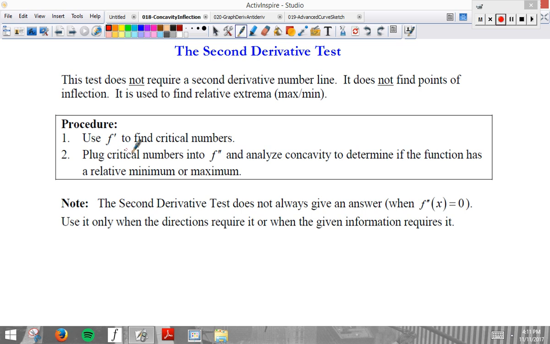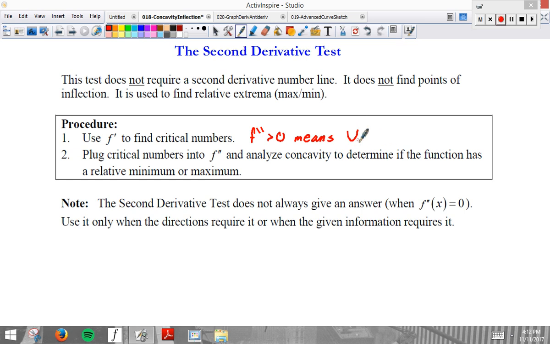Then we're going to use the critical numbers in f double prime to analyze concavity to determine if the function has a relative maxima or minima. The idea is, if f double prime is positive, that means our shape locally is concave up.